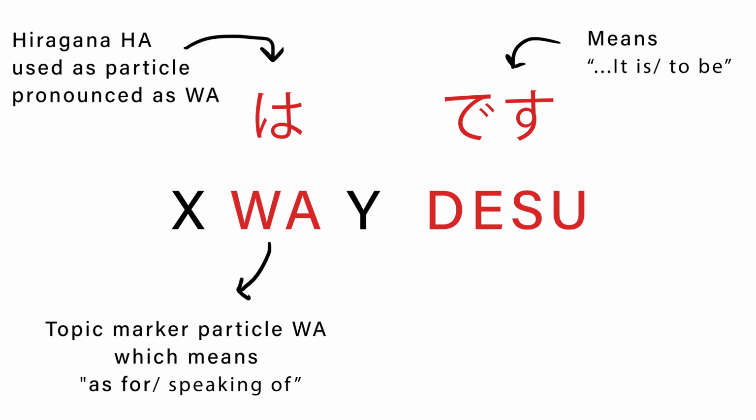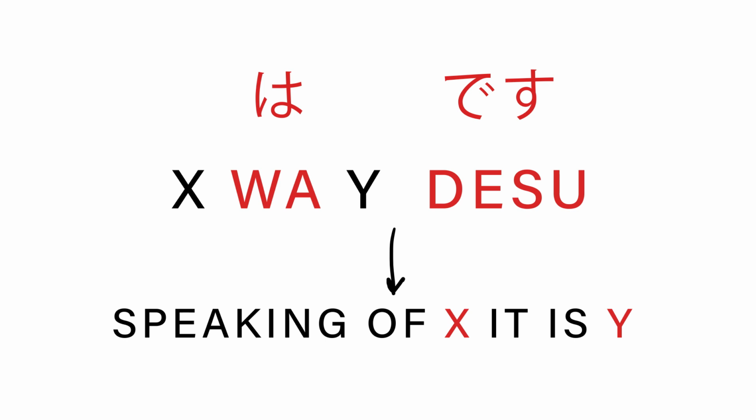So the basic construction is x wa, y desu. Wa in this context literally means as for or speaking of, and desu basically means to be or it is. So x wa, y desu would literally mean speaking of x, it is y.